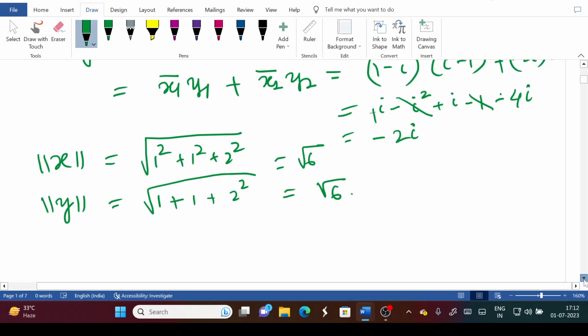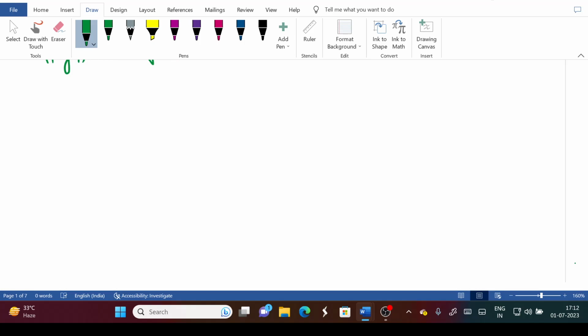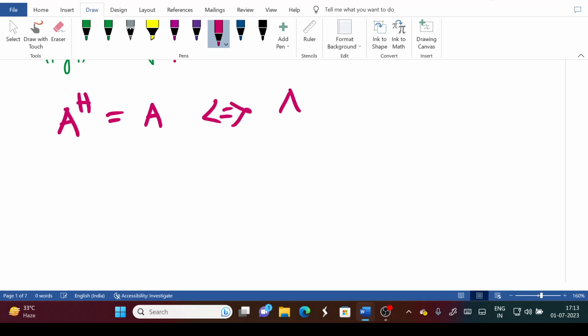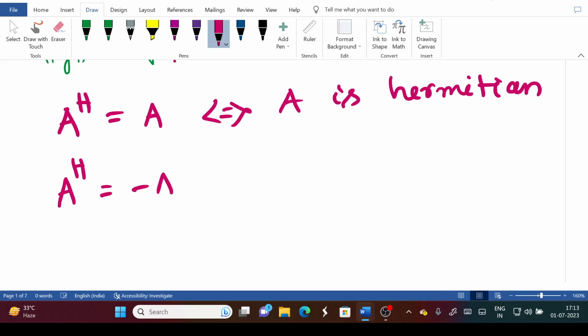Now we will discuss something very significant and very important from the examination point of view, that is Hermitian matrix and skew Hermitian matrix. If A^H is equal to A, then A is Hermitian, and if A^H is equal to minus A, then A is skew Hermitian.